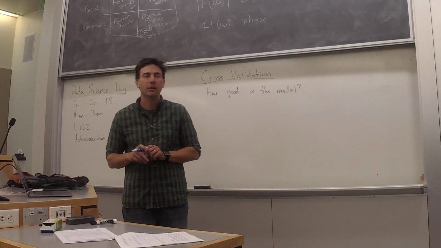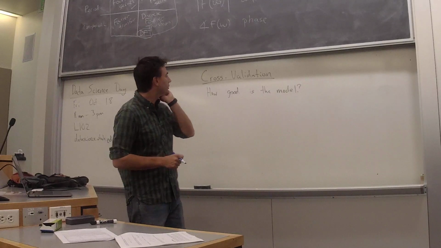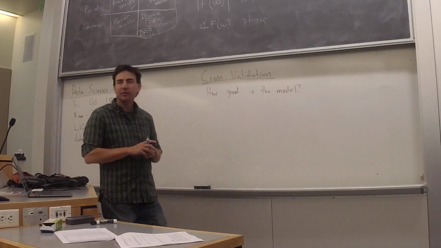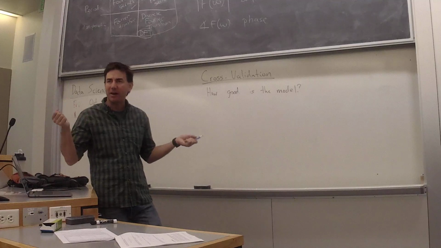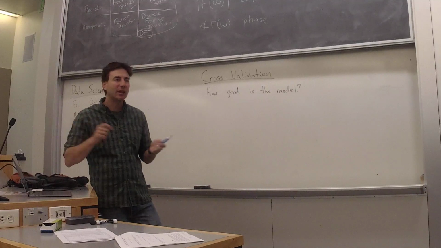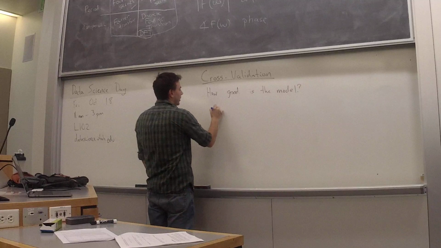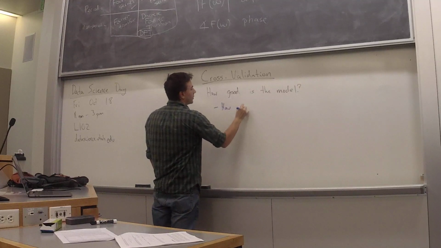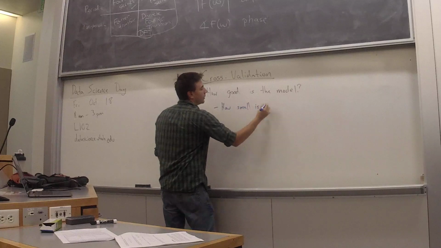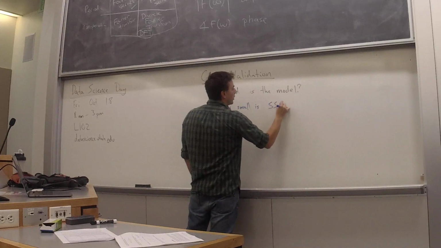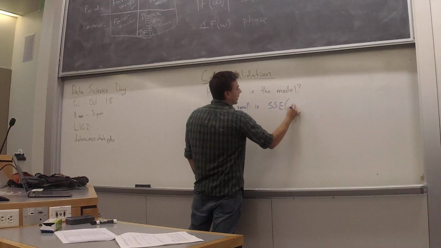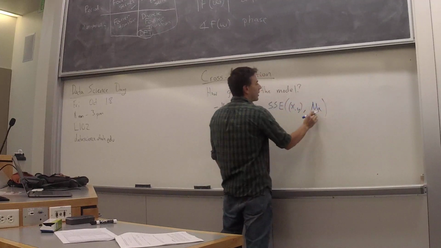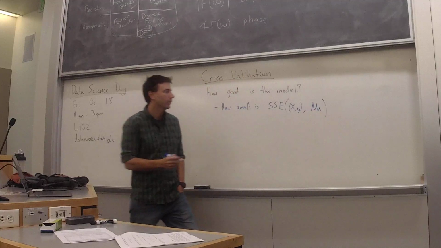So how good is a model? This is important because we're going to have multiple models, and as p gets larger and larger, the fit is better. So we can't just say, how small is the sum of squared errors between our data and the model, right?